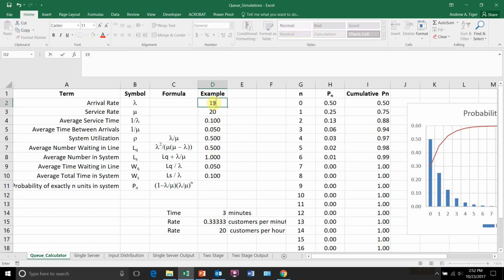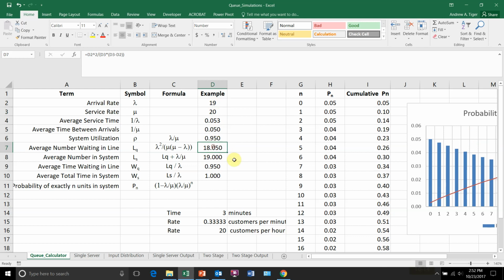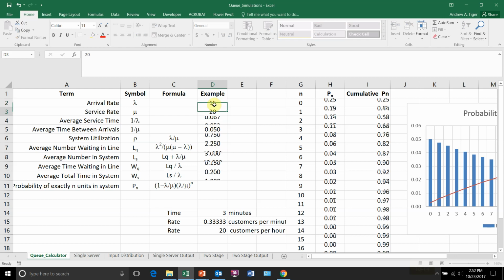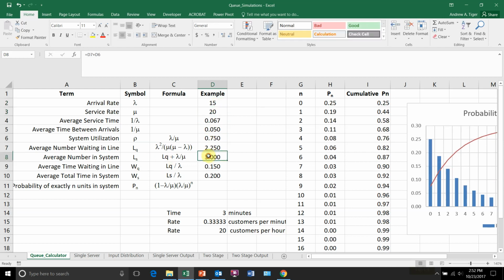If utilization is really high, I have a huge line. The average number in the system is this number plus this number. It's the total people in the system, which includes the person being served.